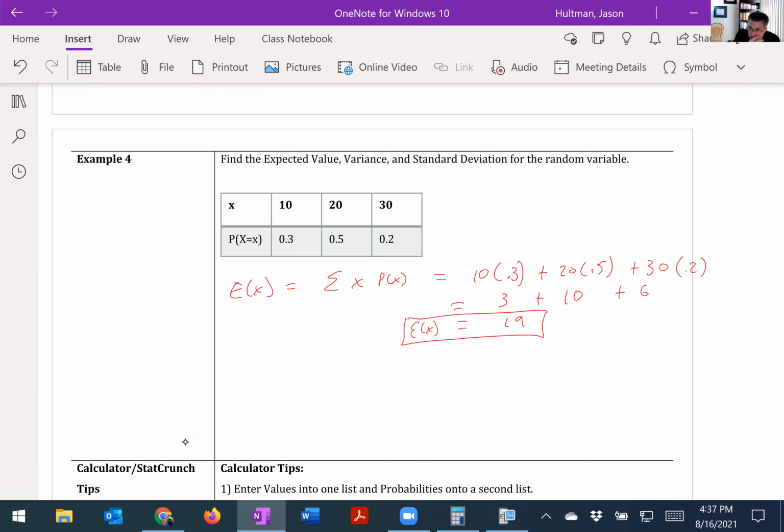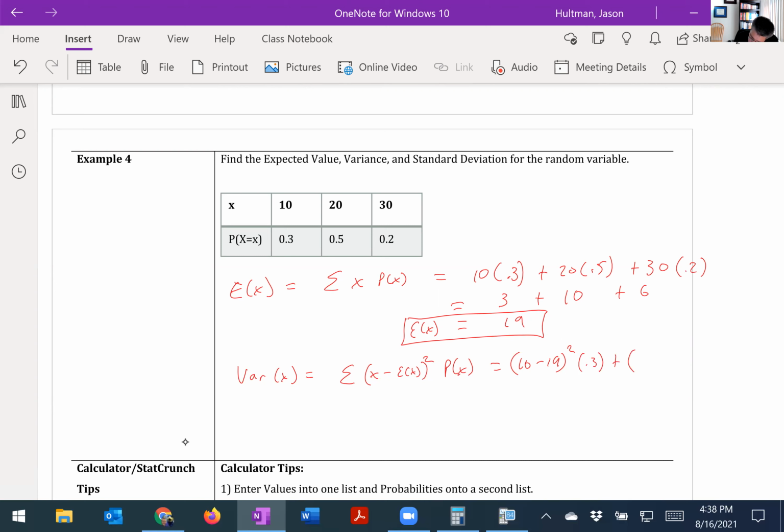Now let's find the variance. The variance of x is equal to the sum of x minus E of x squared times the probability of x. So let's see how this works. We're going to go x, which is 10, minus 19 squared times the probability at 10, that's 0.3.